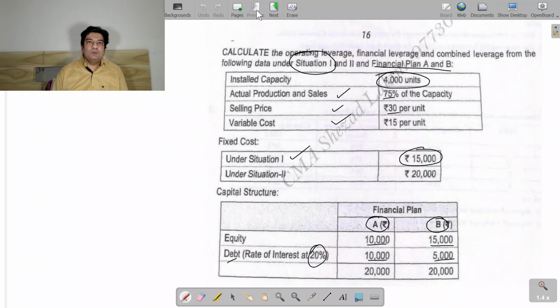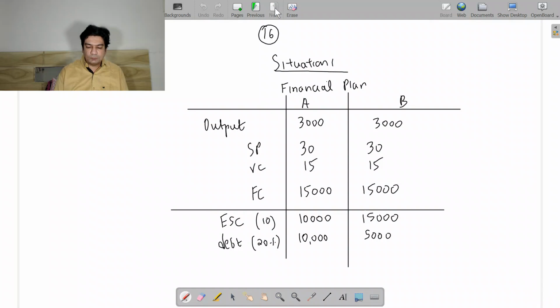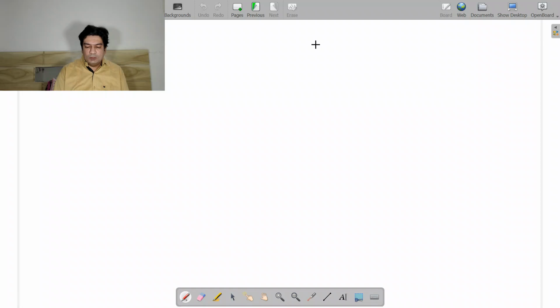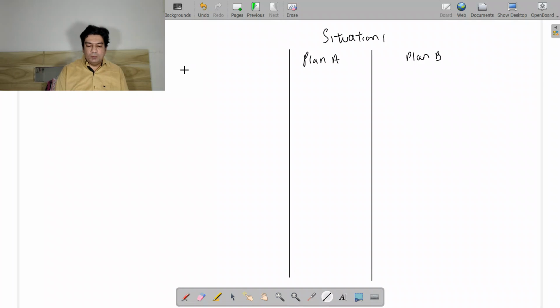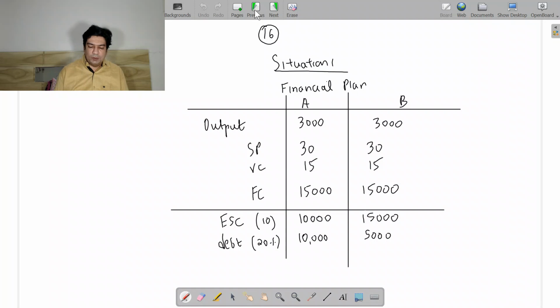So what I have done is for situation 1 the entire data I filled it up. Now you have to calculate the operating leverage, financial leverage, and the combined leverage. So this is our plan A, this is our plan B, and this is our situation 1. So these kinds of sums are just going to confuse you in terms of how to approach it.